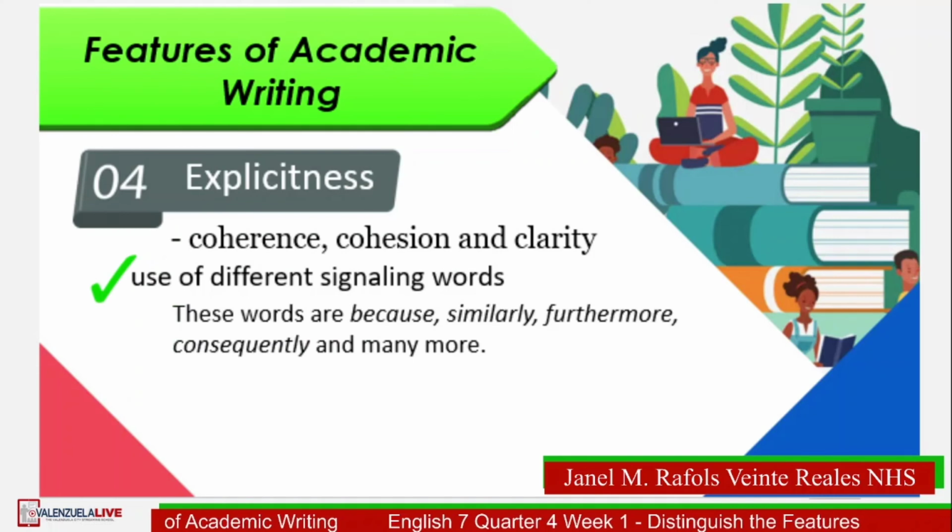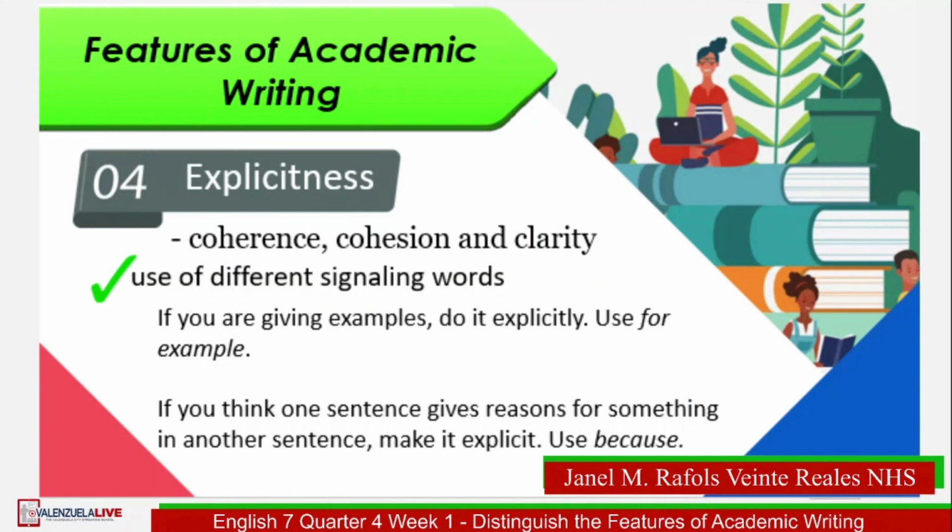These words are because, similarly, furthermore, consequently, and many more. If you are giving examples, do it explicitly. Use for example. If you think one sentence gives reasons for something in another sentence, make it explicit. Use because.